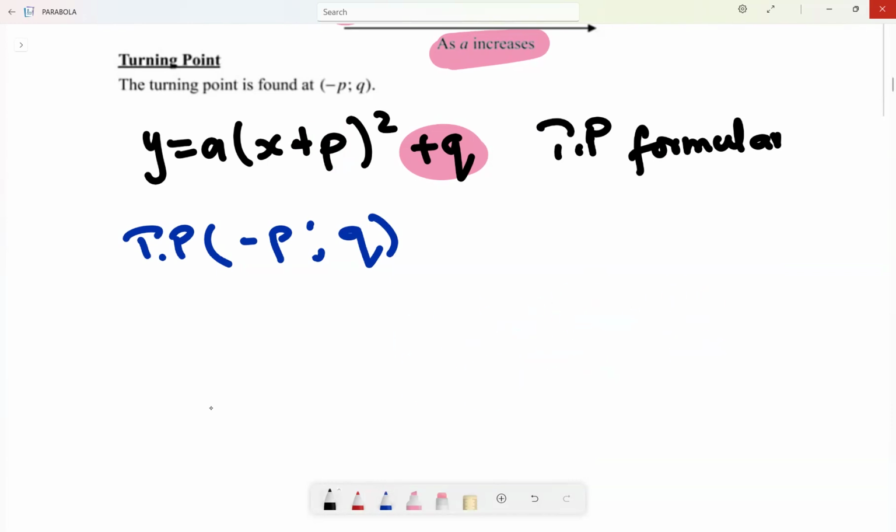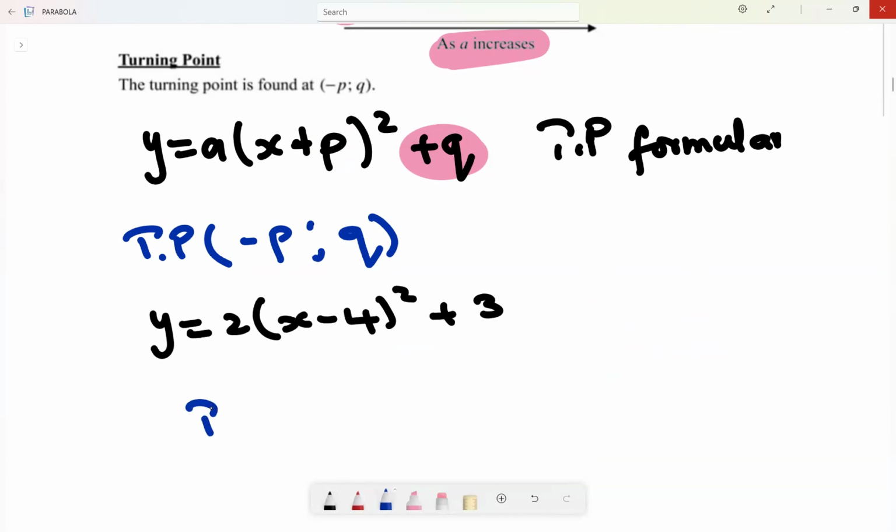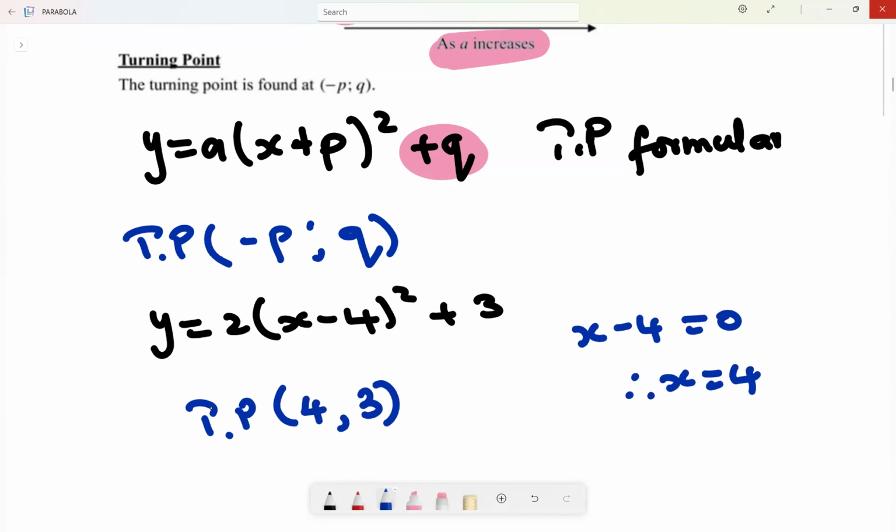Let's have an example so that this makes sense. Let's have y is equal to 2(x minus 4) squared plus 3. What is my turning point? My turning point is going to be x minus 4 is equal to 0. Therefore, x is equal to what? 4. It means it's going to be 4 and what? And 3.